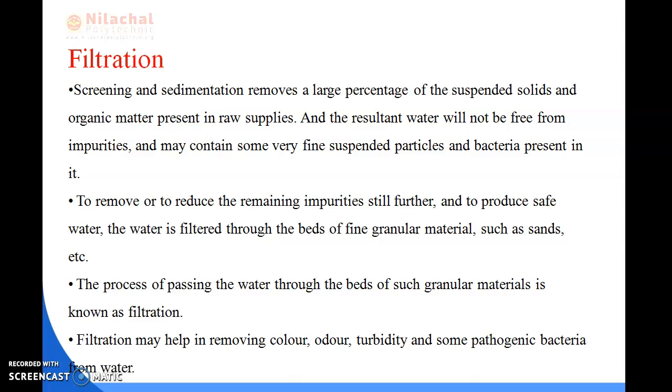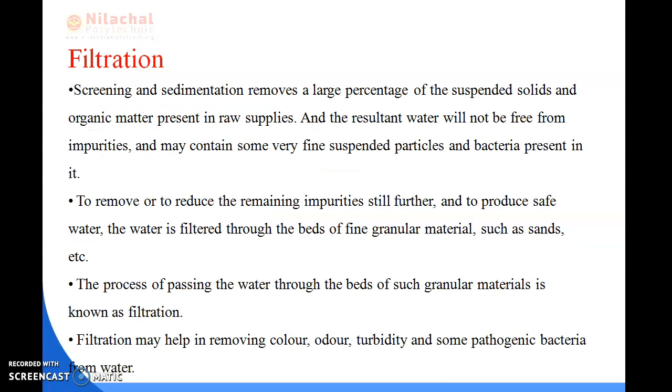To remove or reduce the remaining impurities further and to produce safe water, the water is filtered through beds of fine granular material such as sand. This process of passing the water through beds of such granular materials is known as filtration. Filtration may help in removing color, odor, turbidity and some pathogenic bacteria from the water. So this is all about filtration.